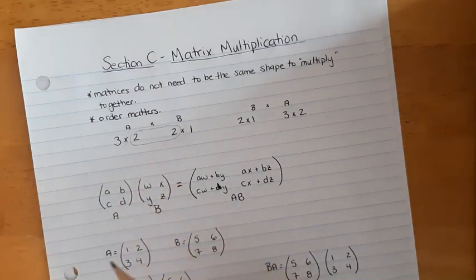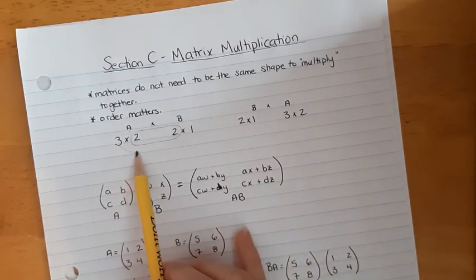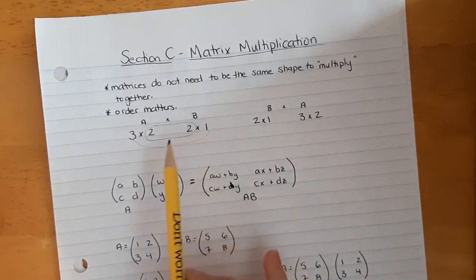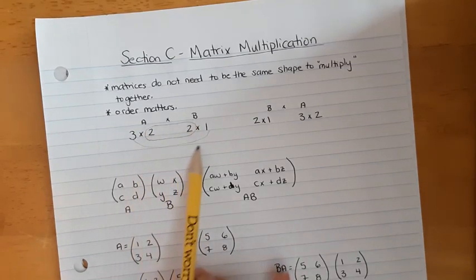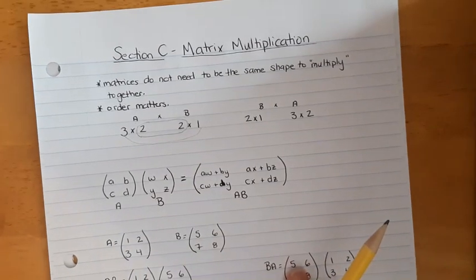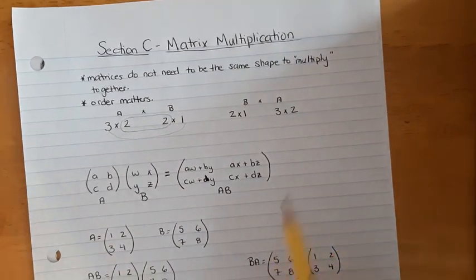Incidentally, the shape of the matrix you will get at the end of the multiplication is your other two numbers. So if we multiply this matrix by that matrix, we would get a 3 by 1 matrix when we're done. Just a little, hey, isn't that neat point.